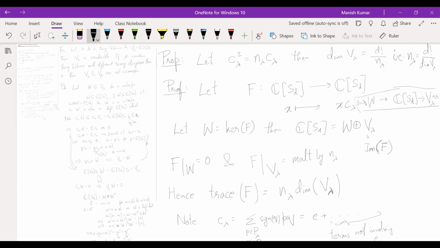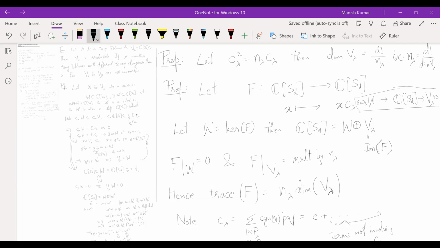And if you want to look at how F behaves with respect to this decomposition, F restricted to W is 0. And what happens to F restricted to V lambda? So V lambda is CS_d times c lambda, and you're multiplying by c lambda on the right. So it's just multiplication by n lambda.